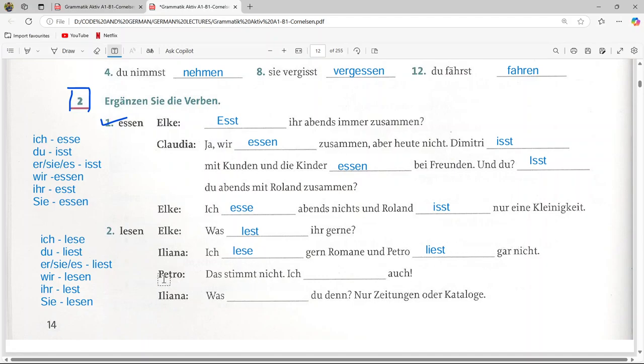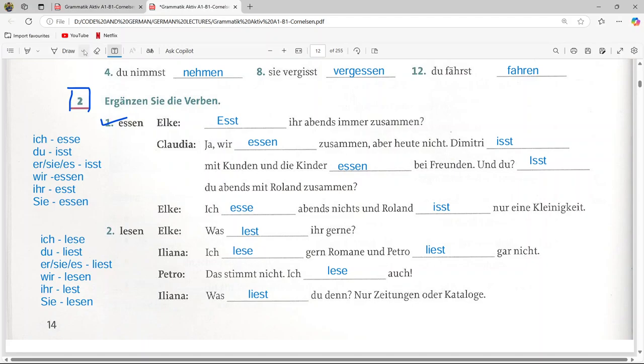Now Petro is saying: Das stimmt nicht, that is not true, and he is saying the statement with ich. For ich lesen becomes lese, so: Ich lese auch, so I read also. And now Eliana is replying: Was liest du? For du it is liest. So what do you read then? Nur Zeitungen oder Kataloge, so only newspapers and catalogs.